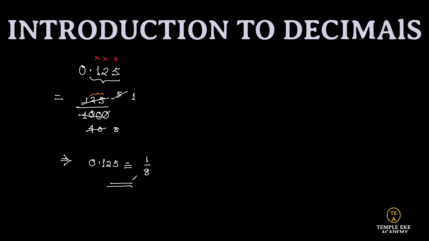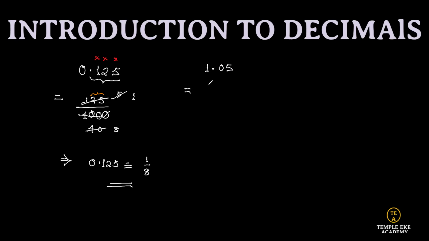We can take on another. Supposing we have a non-zero digit before the decimal point: 1.05. How do we convert this into the equivalent fraction? Simply, we write all significant digits without including the decimal point.